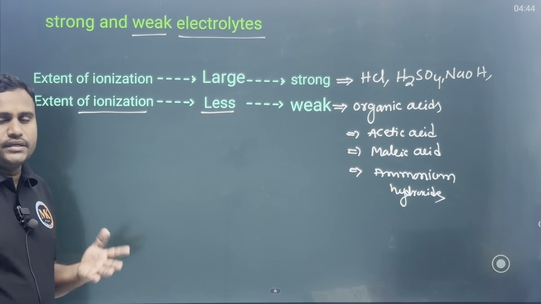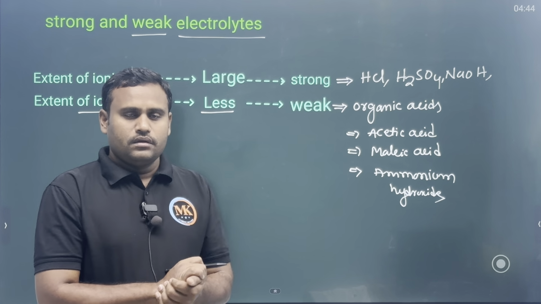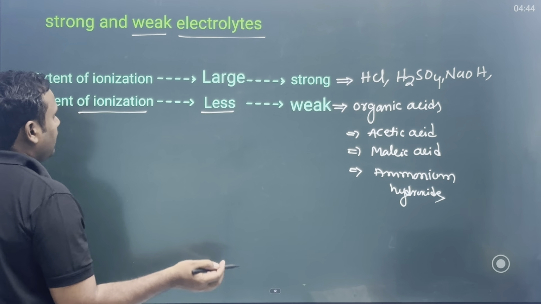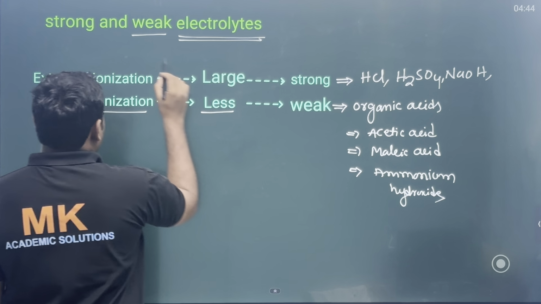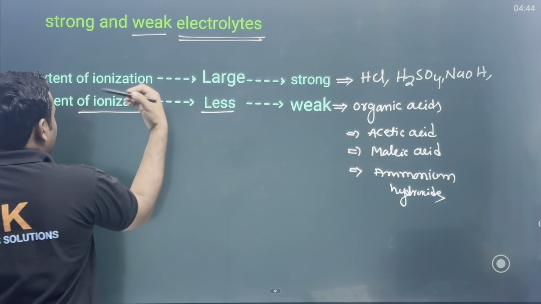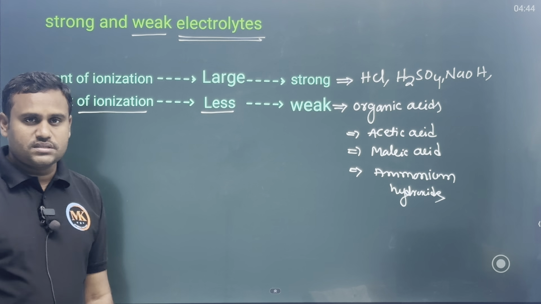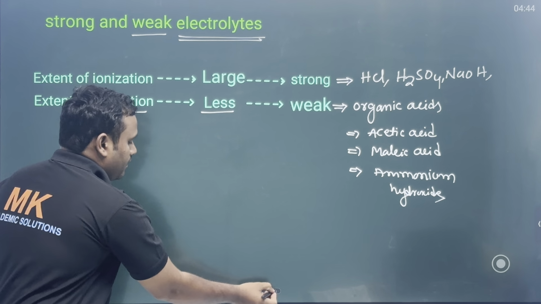If the extent of ionization is more, that is called strong acid or strong electrolyte. So here both acids and bases you can consider as electrolytes. Okay.